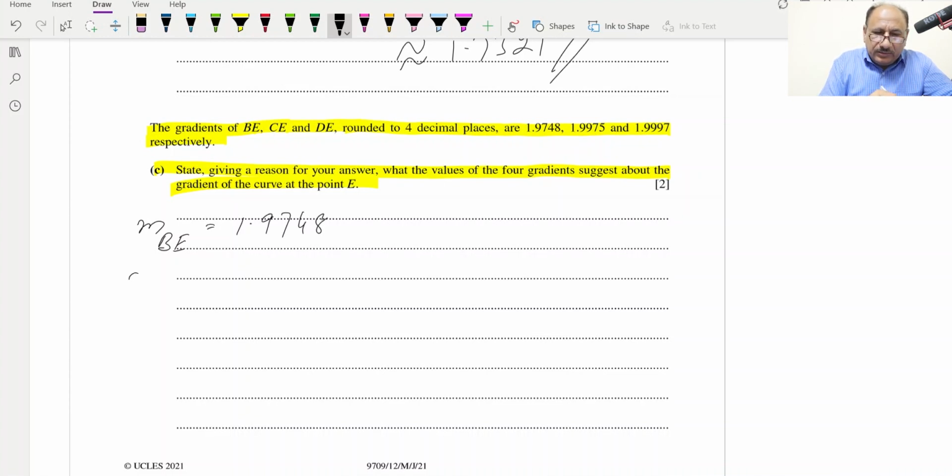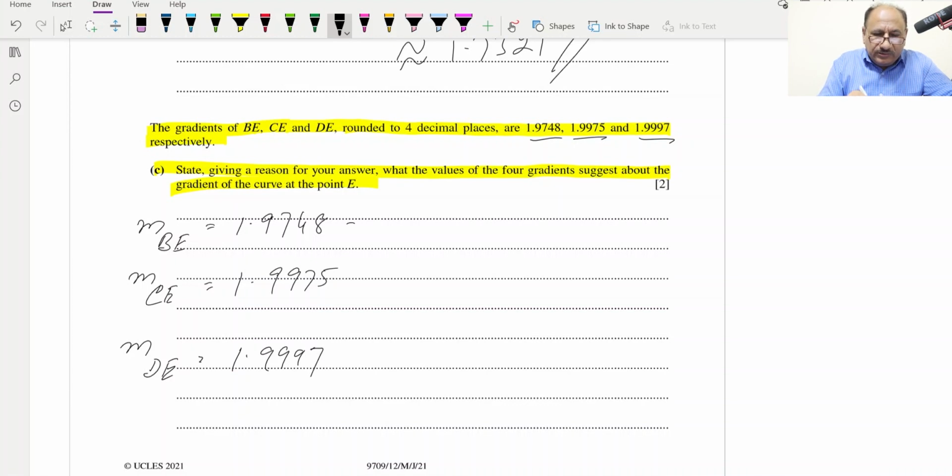The gradient of CE will be equal to 1.9975, and the gradient of DE will be equal to 1.9997.